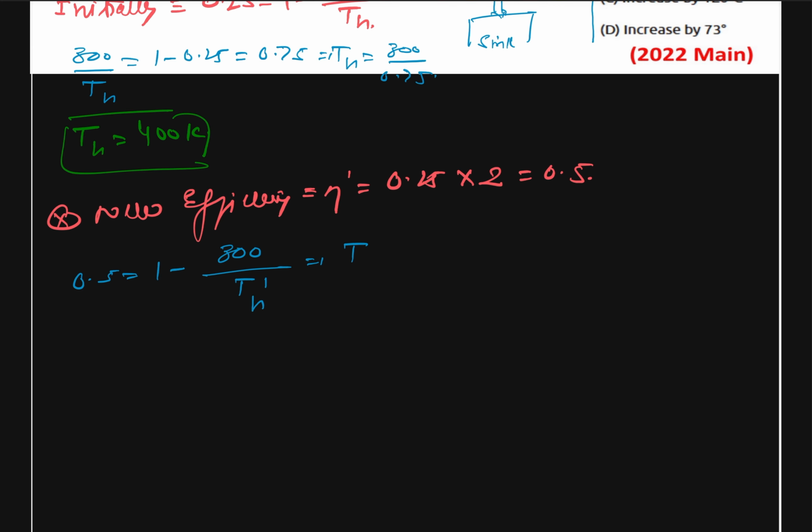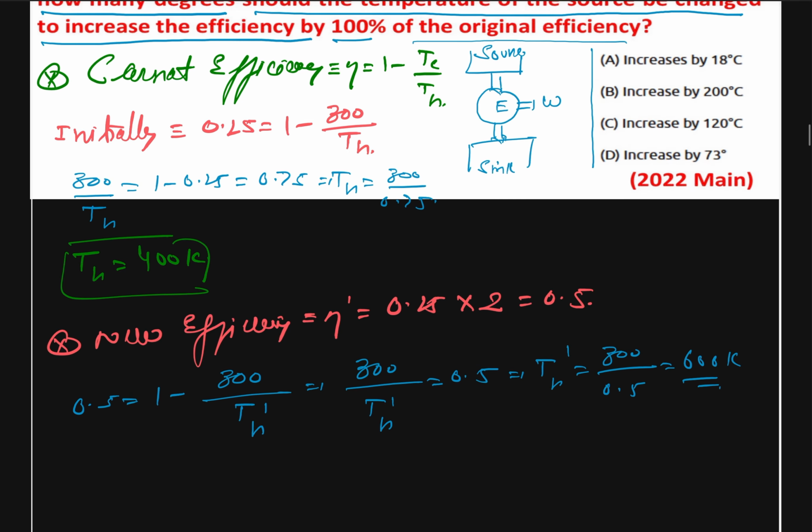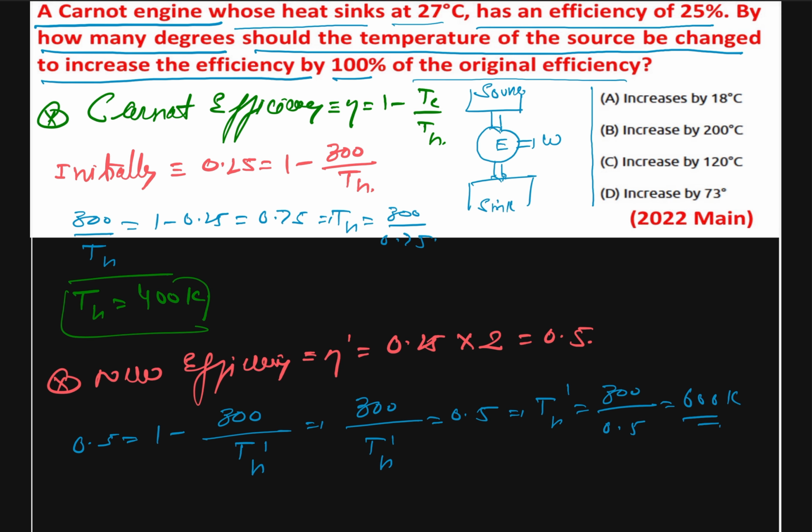Therefore 300 over T of H prime will be equal to 1 minus 0.5, that is 0.5. Therefore T of H prime will be equal to 300 divided by 0.5, and this will be equal to 600 Kelvin. So we have to find out the change in temperature.